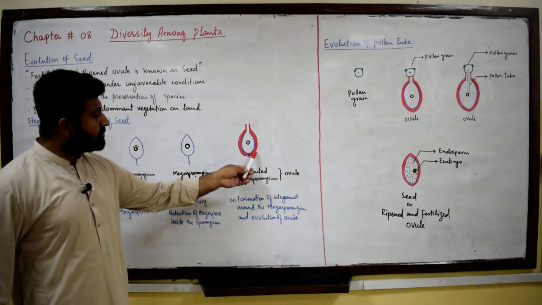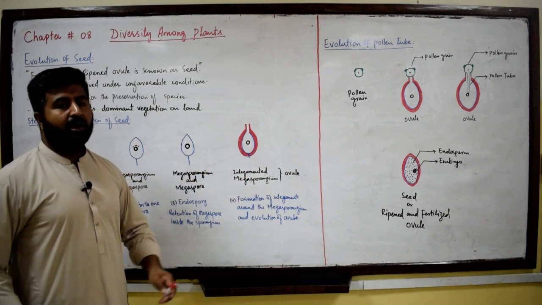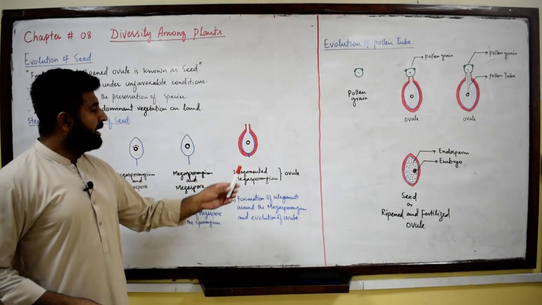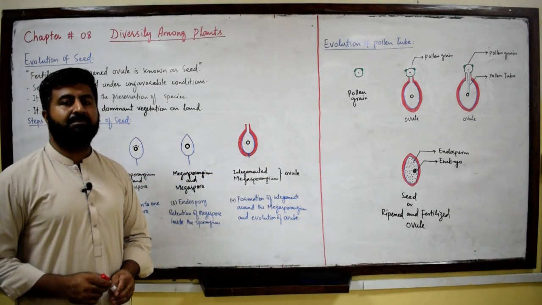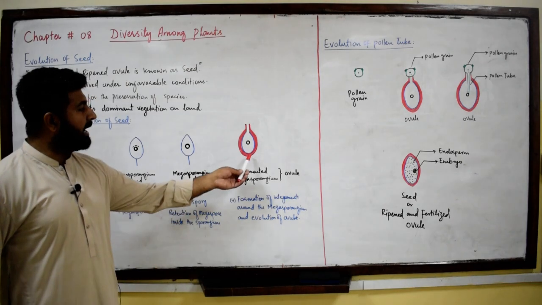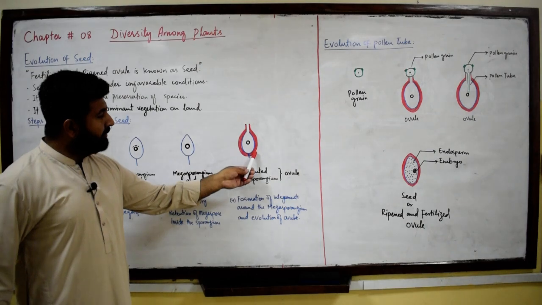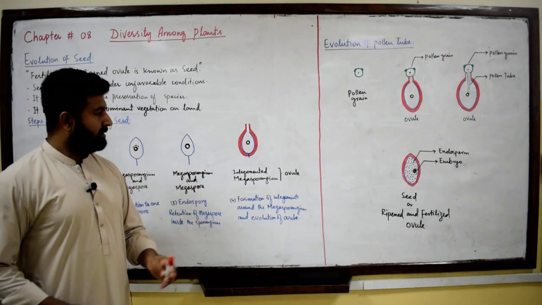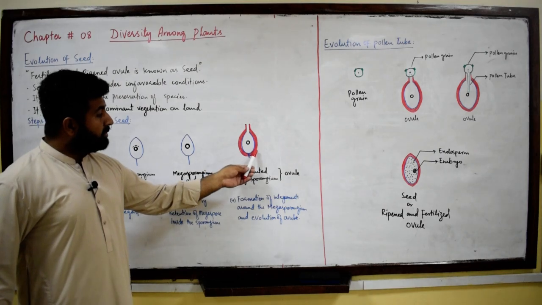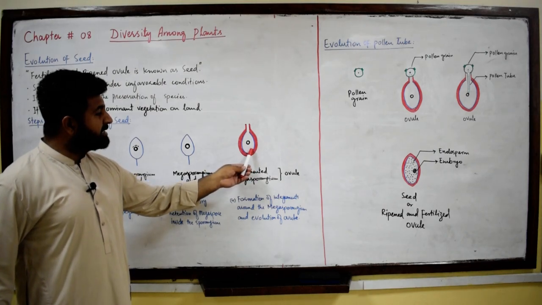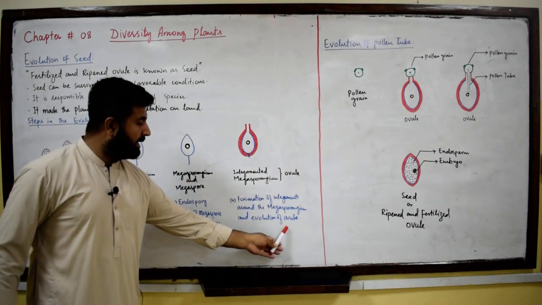These leaf-like structures then fused around the megasporangium, and they become hard to protect it. These leaf-like structures are known as integuments. So the integumented megasporangium is known as ovule.